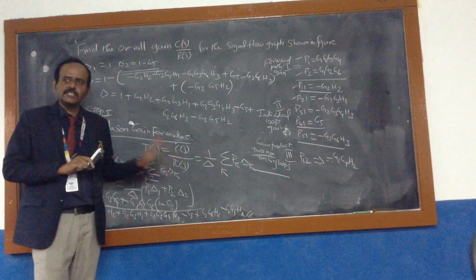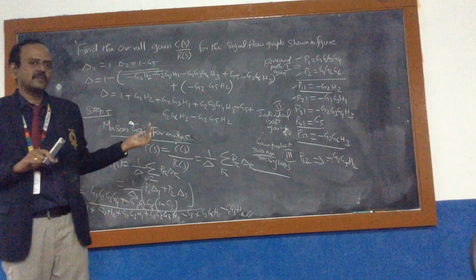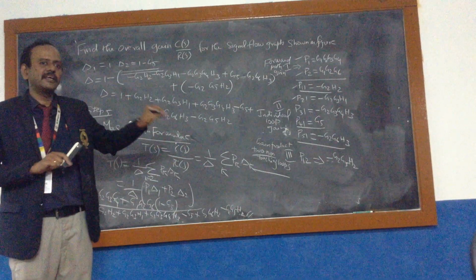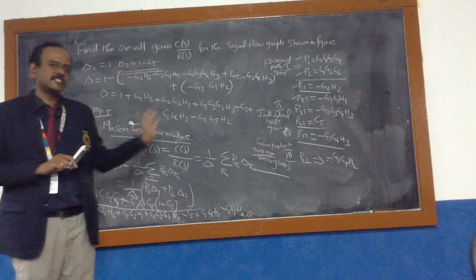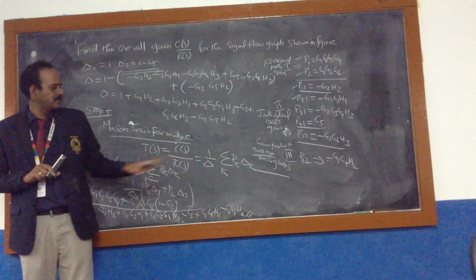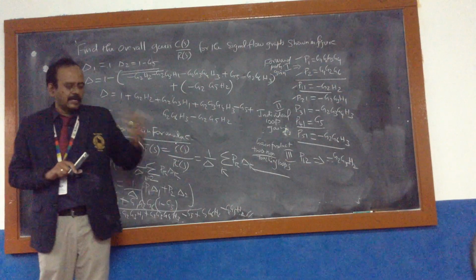So this is a transfer function analysis, and we also have one more analysis method for the control system, the state space analysis. Here in the transfer function we take all the initial conditions as 0, but in the state space analysis we consider the initial conditions. So compared to the transfer function, there is another method of analyzing the system.